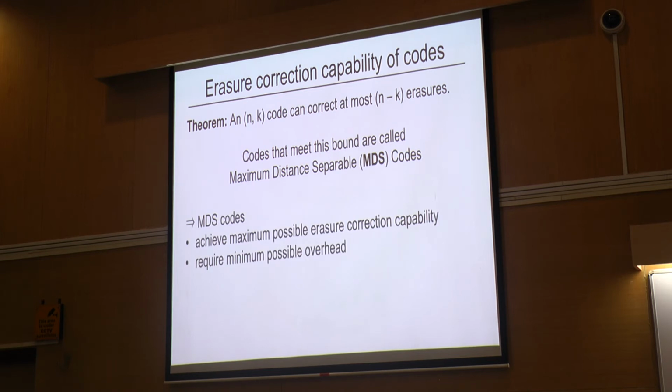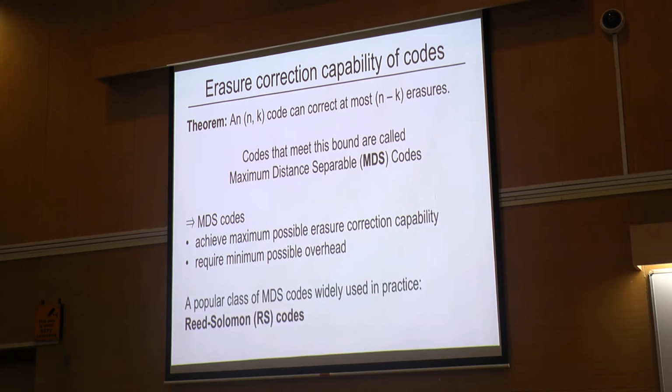MDS codes achieve the maximum possible erasure correction capability, or in other words, for the amount of erasure correction capability a code provides, it requires minimum overhead, and vice versa.